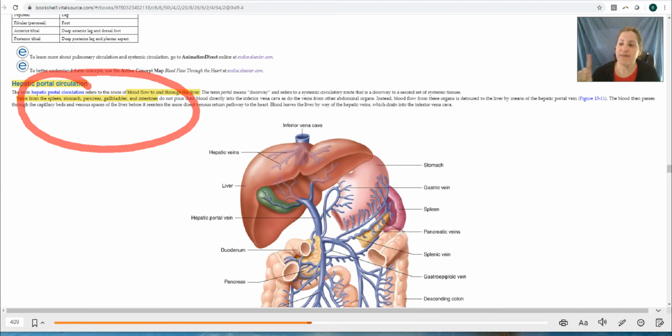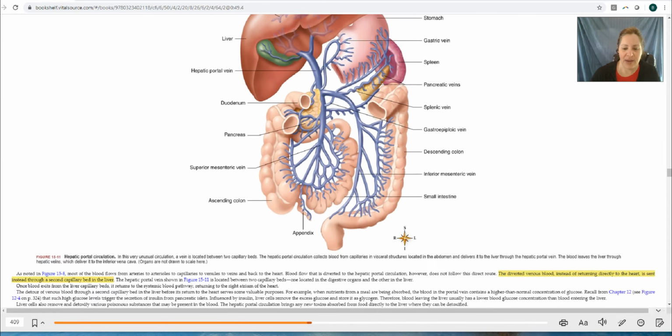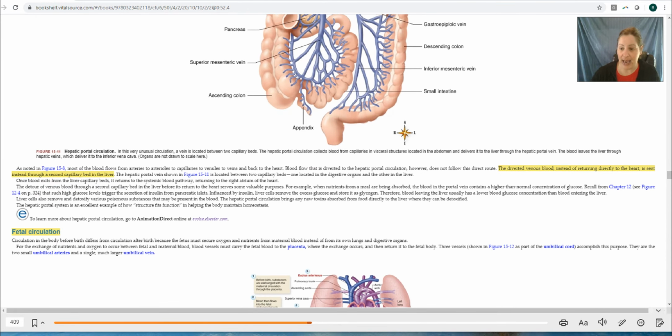So the arteries and veins and the capillaries in our intestines have already cleaned the blood once. We're going to send it to the liver to clean it a second time, because the liver can get rid of things that normal capillaries can't. And so these are our digestive organs. We eat junk, we drink junk, and so we need our liver to do its job and clean it for a second time.